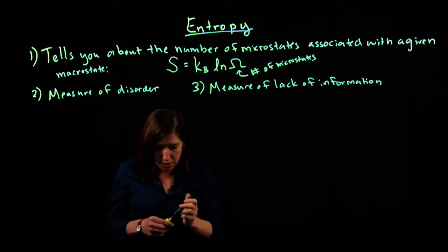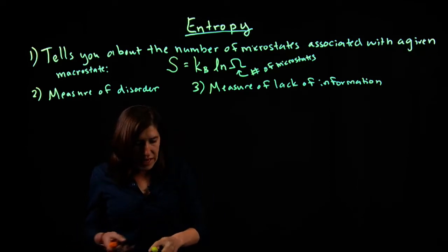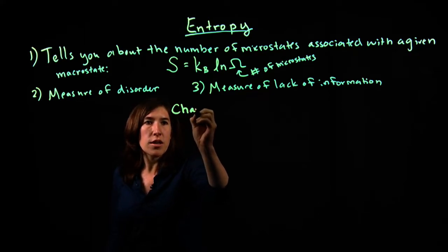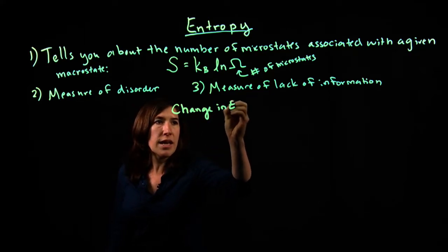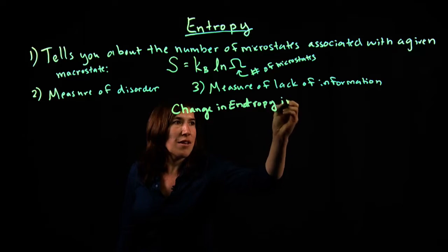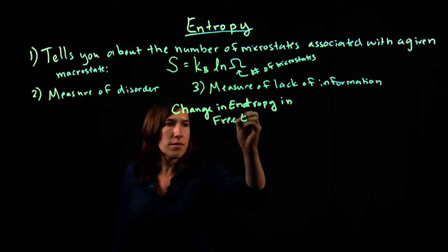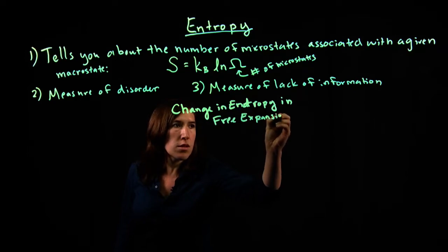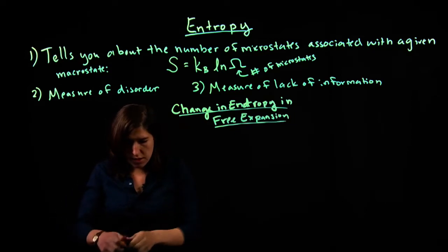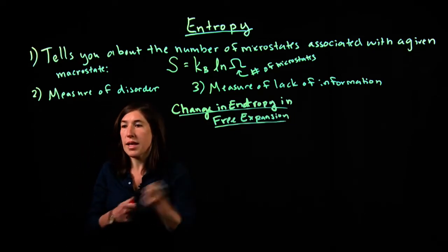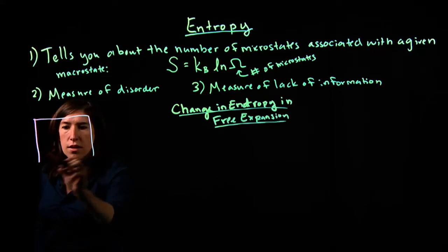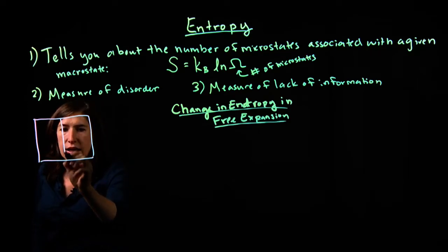So to understand these things a little bit better, I thought it would be nice to think about a particular example. So let's think about the change in entropy in free expansion. What I mean by this is, let's consider some box that is divided in half.